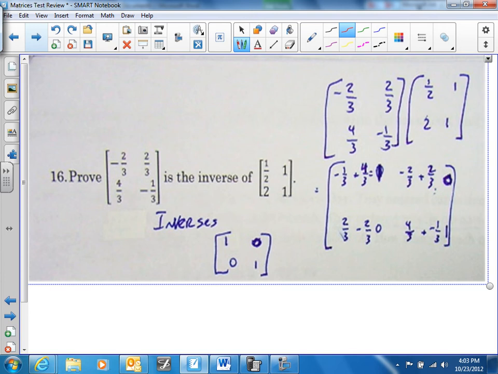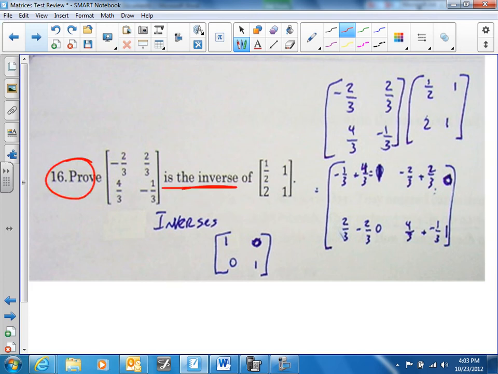All right, number 16. Some of you were having trouble with this one. In order to prove that they're inverses, you must multiply. Okay? You must multiply, and that's what I did here.